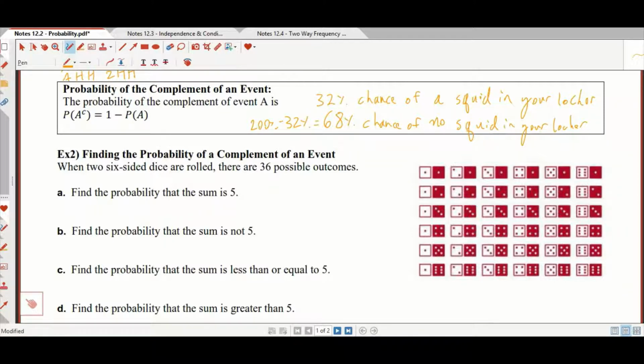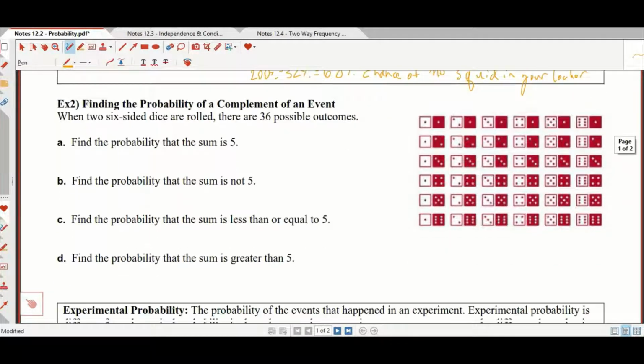As long as those events are mutually exclusive, that one thing means not the other. Okay, finding the probability of a complementary event. When 2 six-sided dice are rolled, there are 36 possible outcomes, right? Because there are 6 ways to roll the first die and 6 ways to roll the second. Find the probability that the sum is 5. Well, let's see all the ones where the sum is 5. 1 and 4 would give me 5. 2 and 3 would give me 5. 3 and 2 would give me 5. 4 and 1 would give me 5.